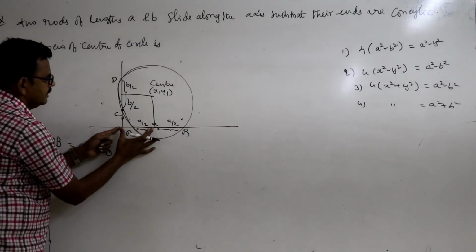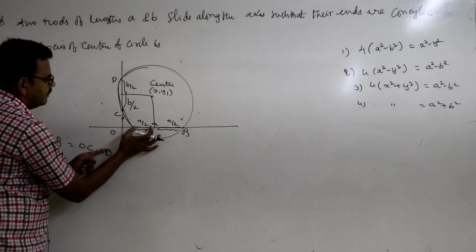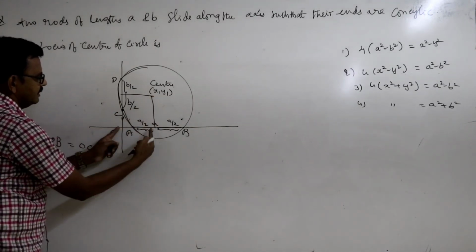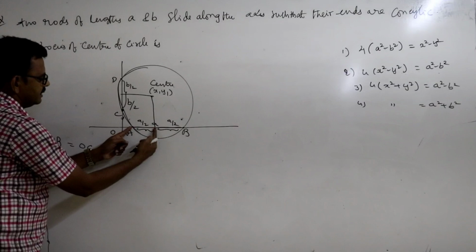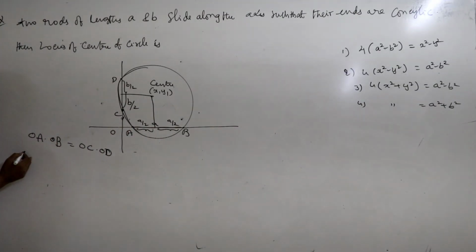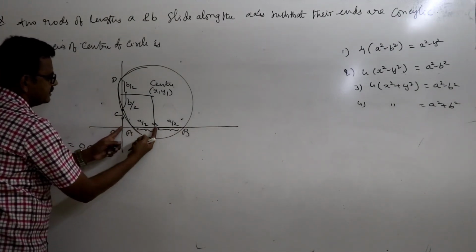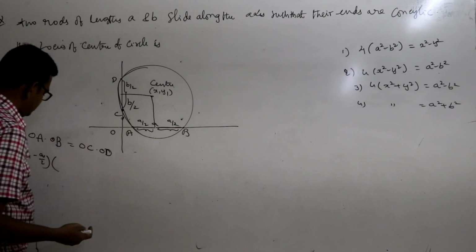OA is x1 minus A by 2, and OB is x1 plus A by 2.